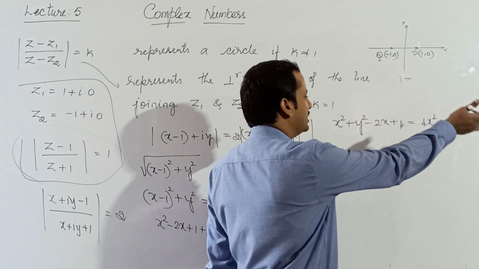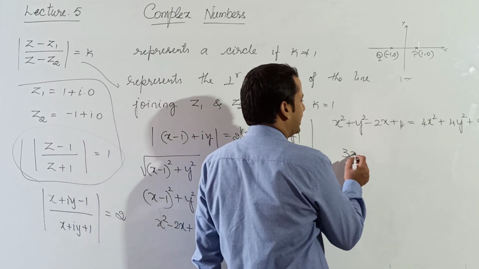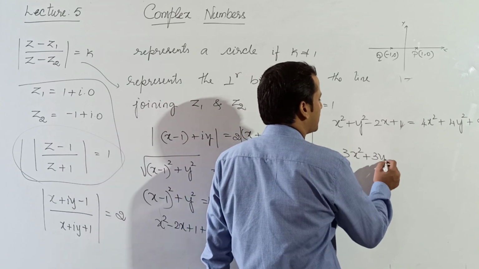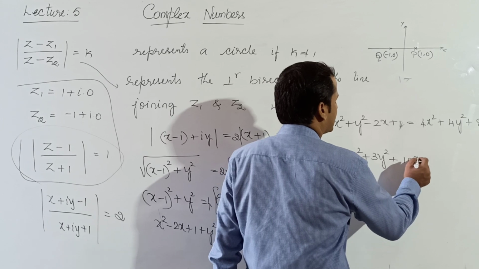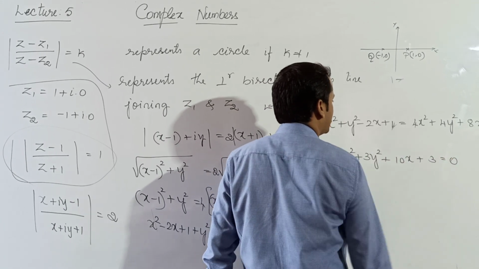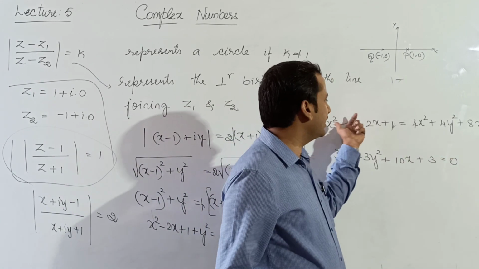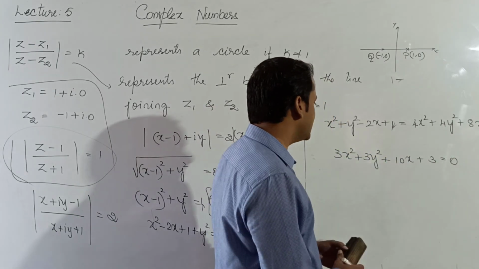Now take all of these to one side. We get 3x² + 3y² + 10x + 3 = 0. After simplification this is what we get.